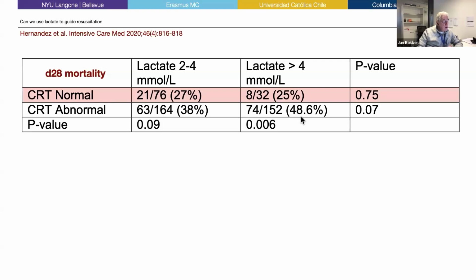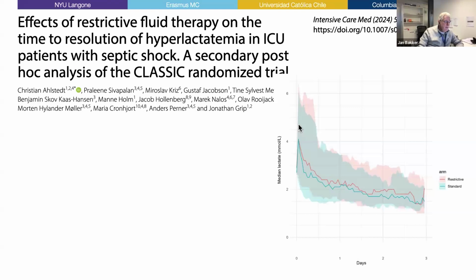So combining lactate with capillary refill time in this, let's say, post hoc analysis of studies seems to make a difference. So having lactate with abnormal capillary refill time is not good. That doesn't mean that you have to treat lactate with fluids.